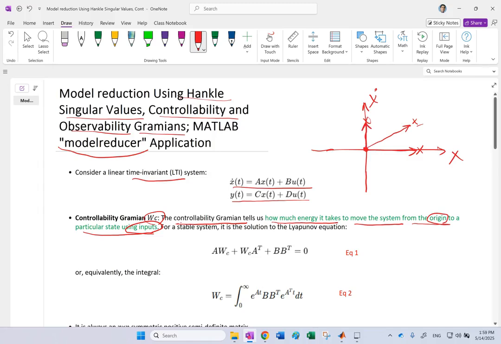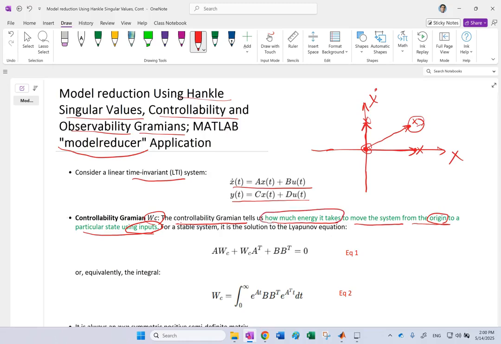If that controllability matrix was full rank, yes, I can go from any state to any other state in the state space by applying sufficient input. But here we are talking about, yes, I can do it, but how much energy does it take?